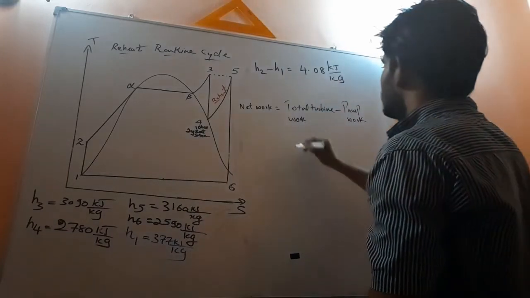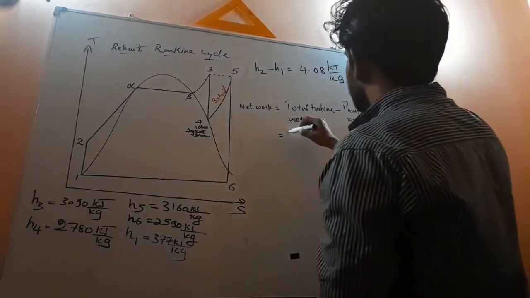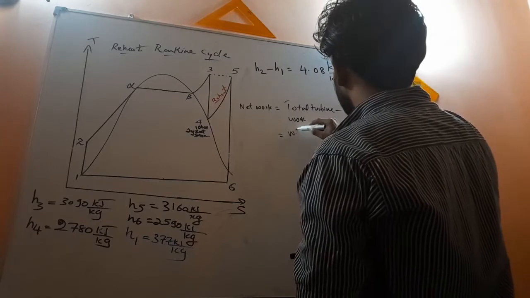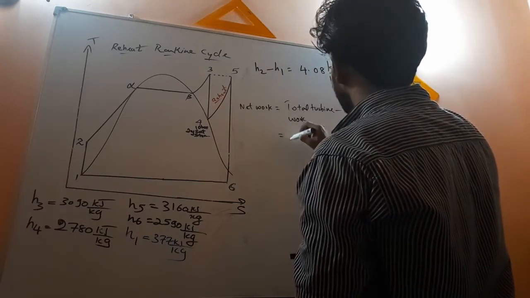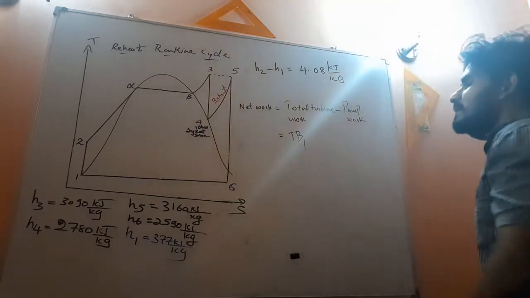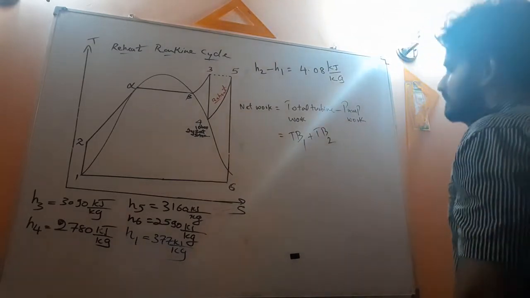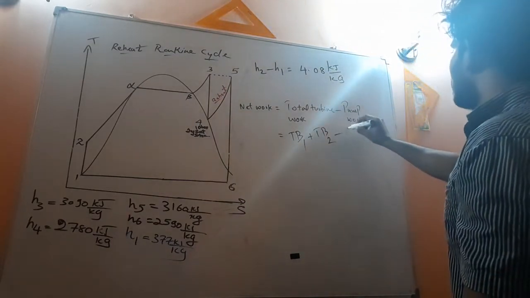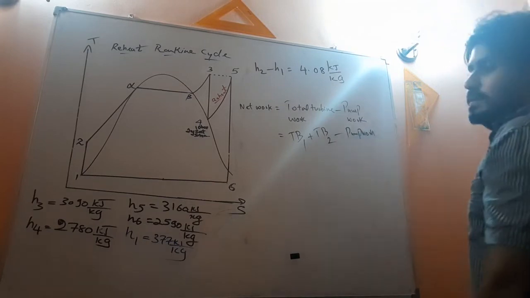The total turbine work is the turbine work from the first turbine plus the turbine work from the second turbine, minus pump work.